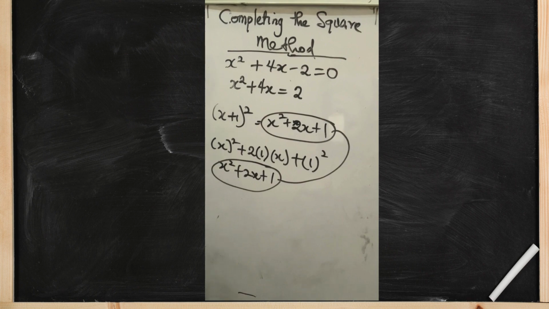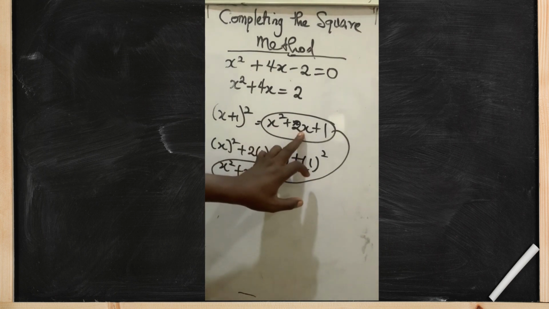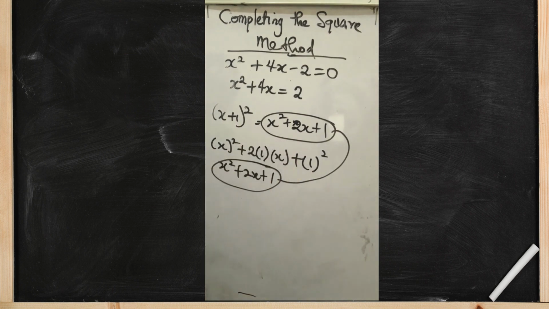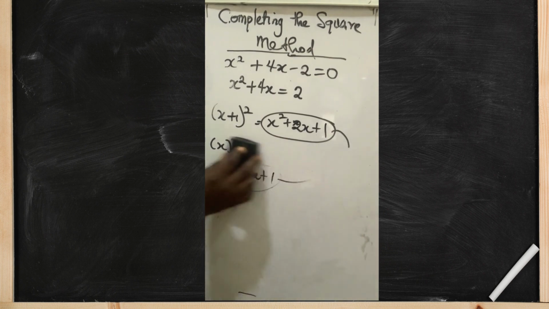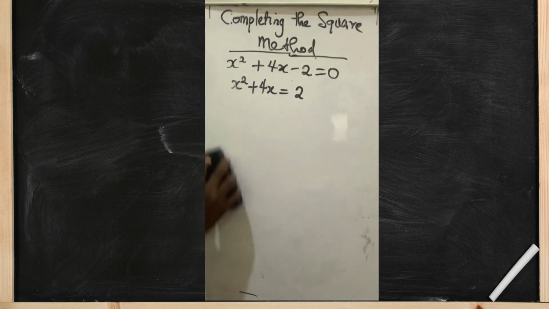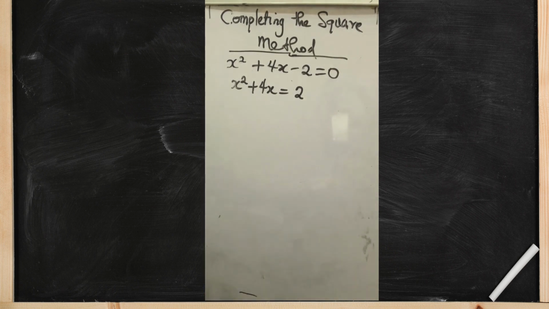So what we are saying in essence is that when you are completing the square, we want to make this a perfect square. If you look at this question, the value that will make this a complete square is found when you find half the value of the coefficient here, then you square it.